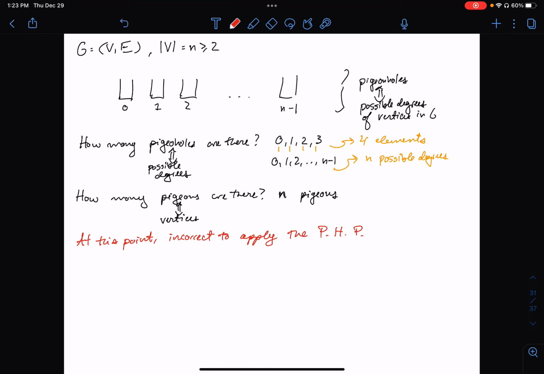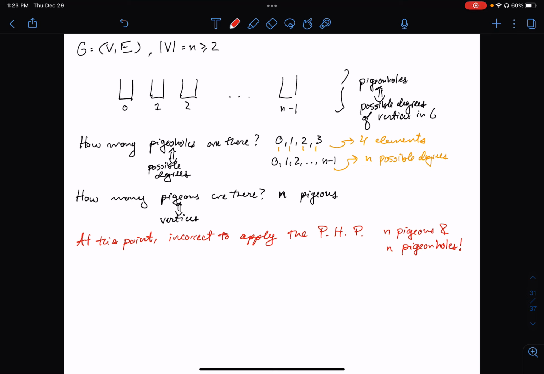It would be incorrect because the pigeonhole principle tells me that if I have n plus 1 pigeons and n pigeonholes, then there's going to be a pigeonhole with at least 2 pigeons. But that's not what I have in this situation. I have n pigeons and n pigeonholes.